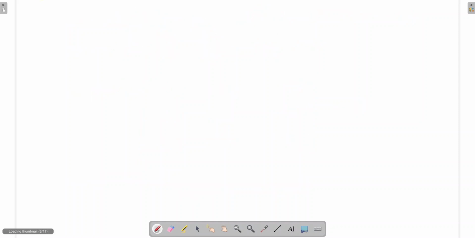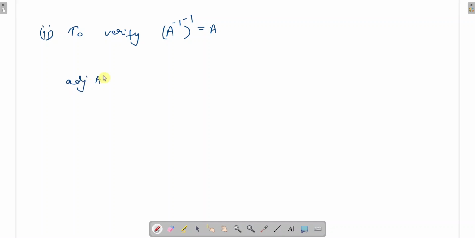Now let us go to the second part. To verify that A inverse, the whole inverse, is equal to A. This is the second part, right? So now we have to find the LHS here, that is A inverse of inverse. So that means we want to write the adjoint of A inverse here, which we have found out, right?